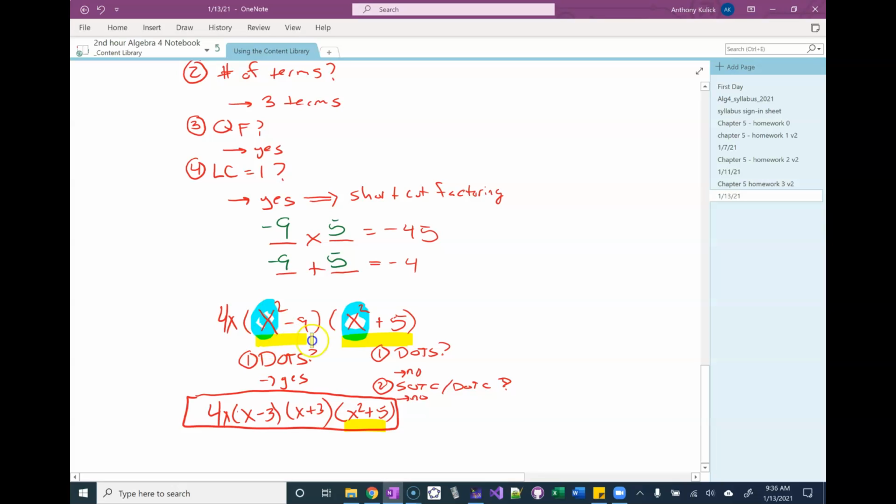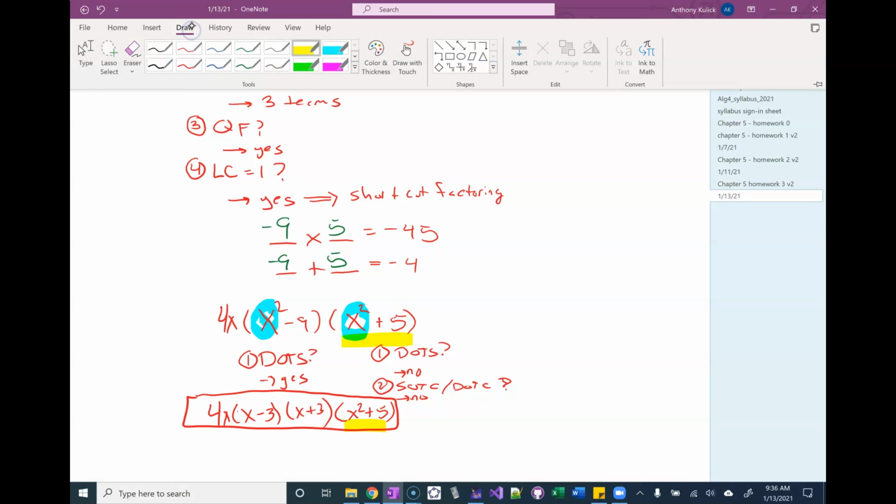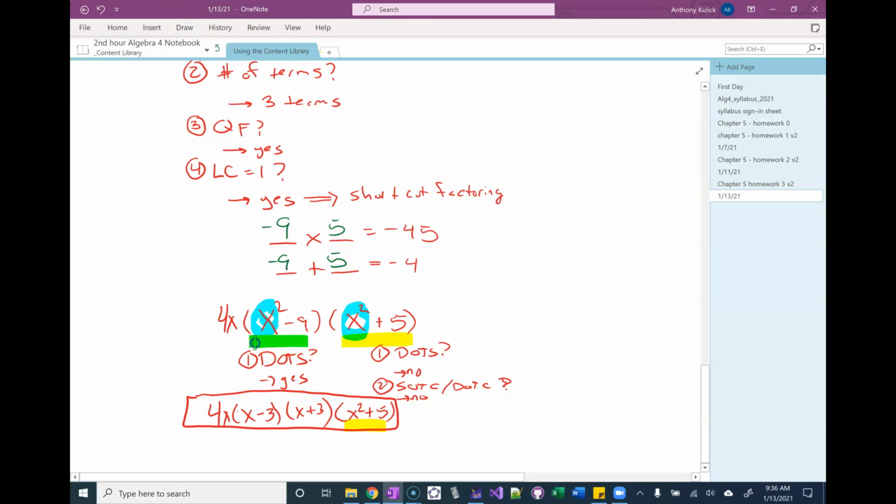So the x squared minus 9 turned into these 2 pieces. Maybe I should have used a different color than yellow. But the x squared plus 5, we couldn't do anything to, so that just had to stay the way it was. Does that make sense?